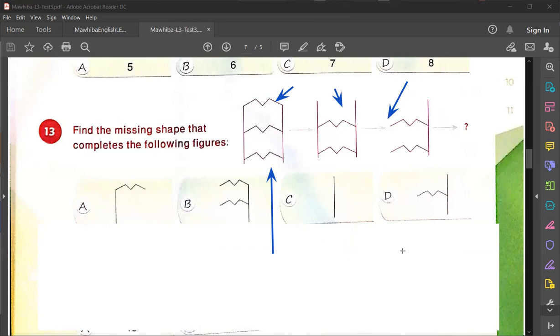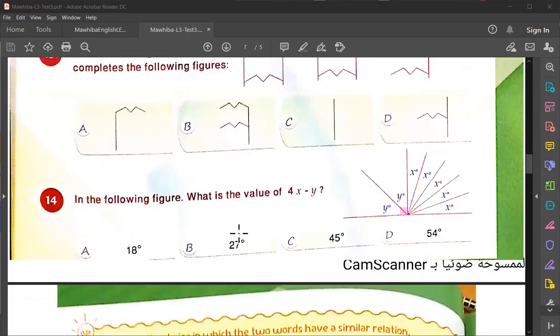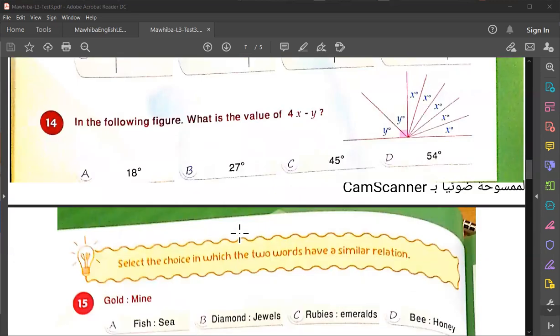Then you remove in the 4th shape also, the answer is D, right? Good.